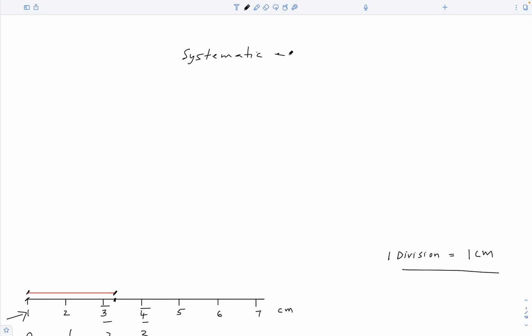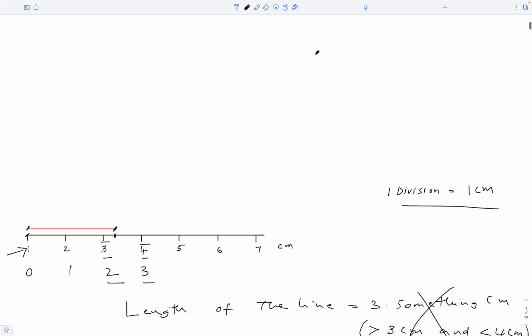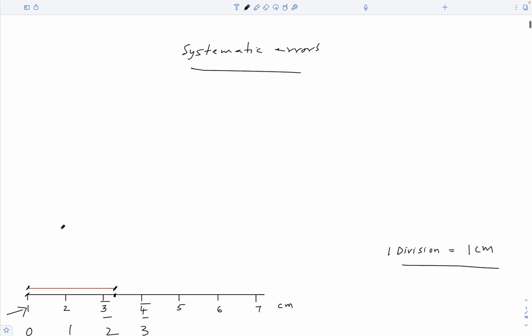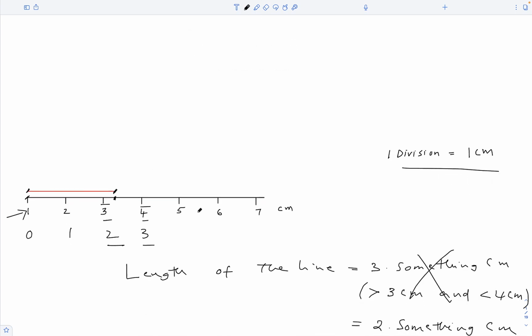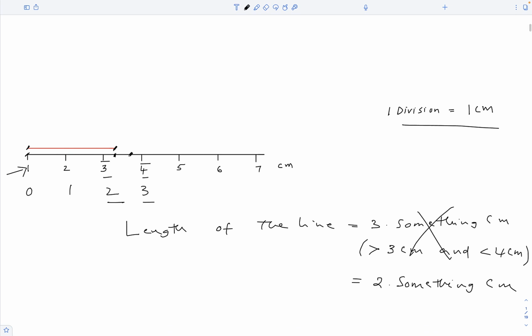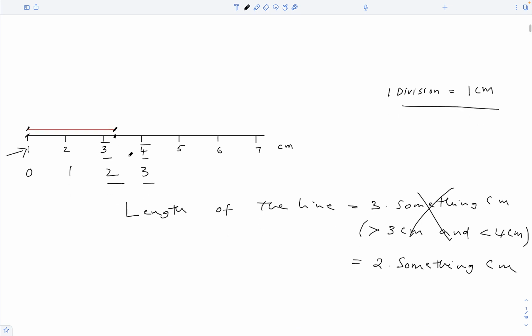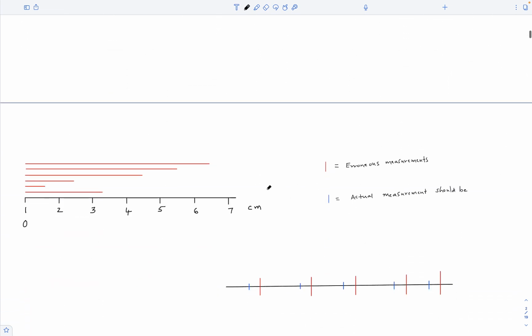Errors in measurement that are produced by defects in the measuring device. Not only this measurement, every measurement we make using this scale will be erroneous. Not only are they all erroneous, but they are all bigger than their actual values.